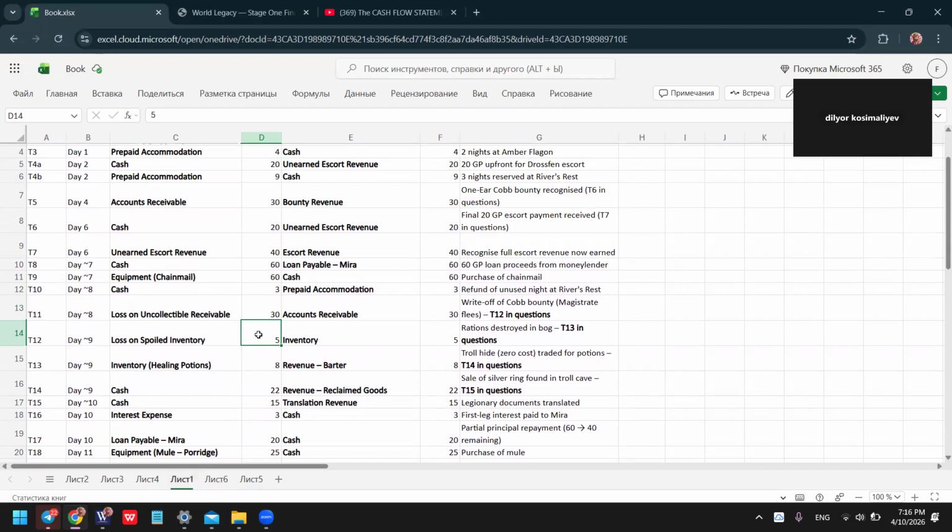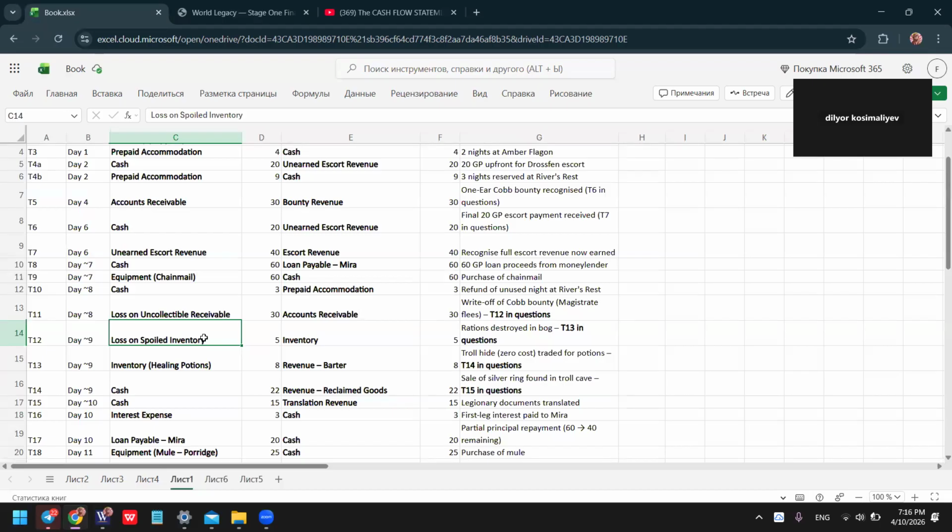It's also one of our operating expenses because we needed that inventory for her to continue her journey.